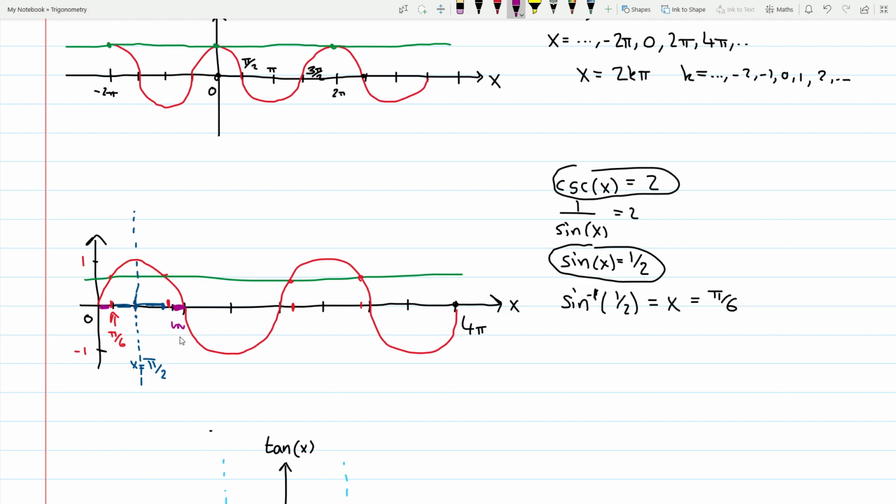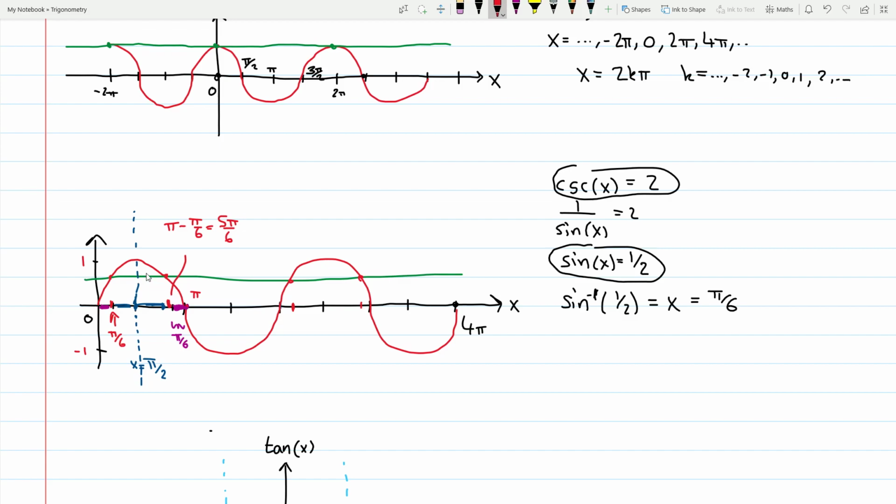So we know that this length is π on 6, and that this value, the intersection, is π. If we want to find this intersect, then we take π minus this length, and we get the value of x for which this is intersecting. And that value is π minus π on 6, which is equal to 5π on 6. So that's our second value of x for which we get an intersection.